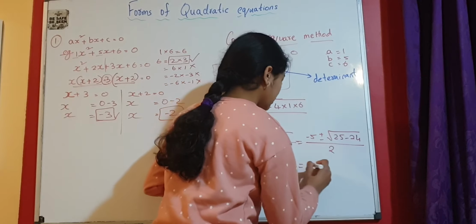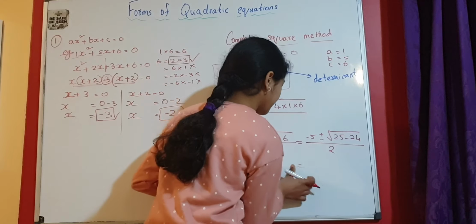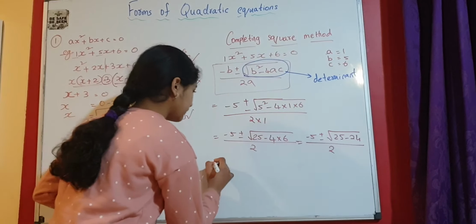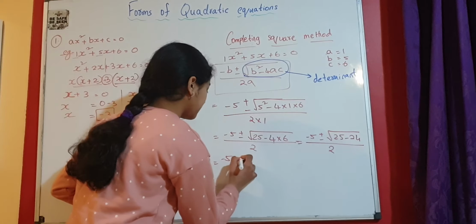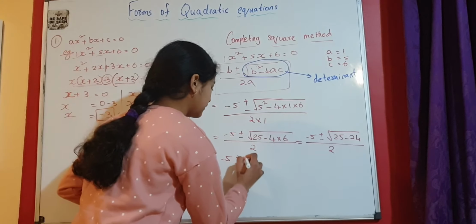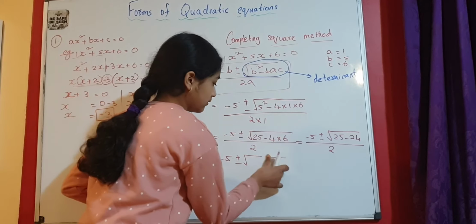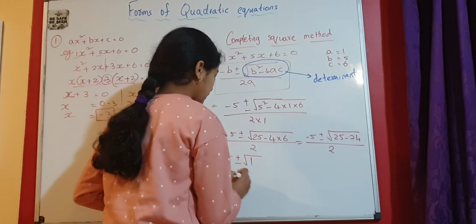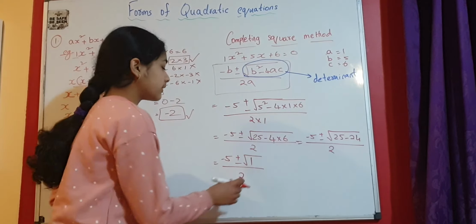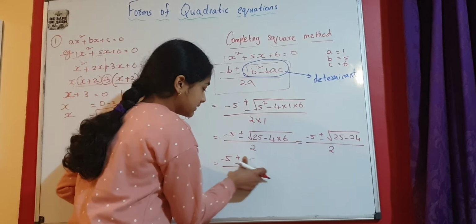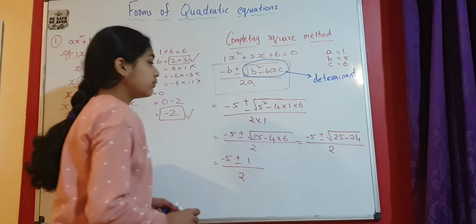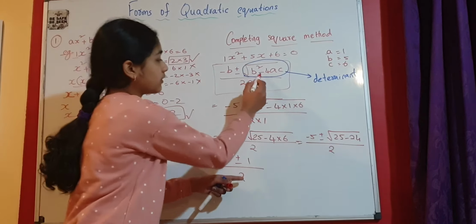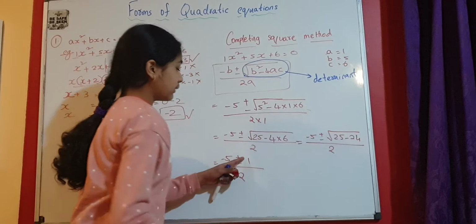So we'll continue from here, minus 5 plus or minus under root 25 minus 24, we know it is 1, upon 2, and we know the square root of 1 is 1, so we can replace it by 1. So we got b square minus 4ac as 1.